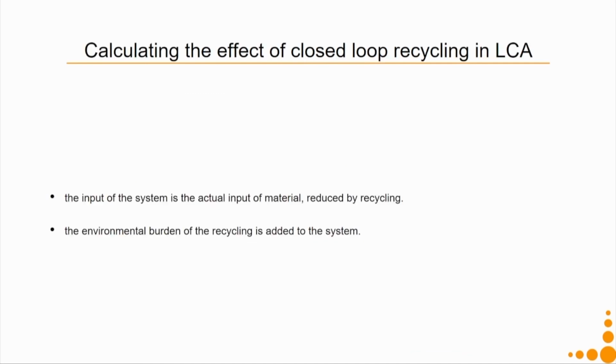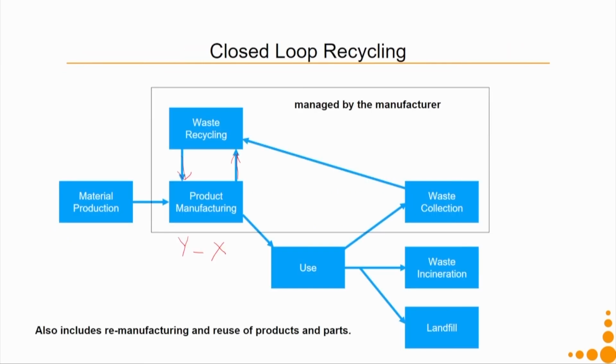So, how do we calculate the effect of closed loop recycling in life cycle assessment? The input of the system is the actual input of the material reduced by recycling. Like we discussed in this example, the input becomes y minus x, and now when this waste collection starts, this is again some z quantity, this becomes y minus x minus z.